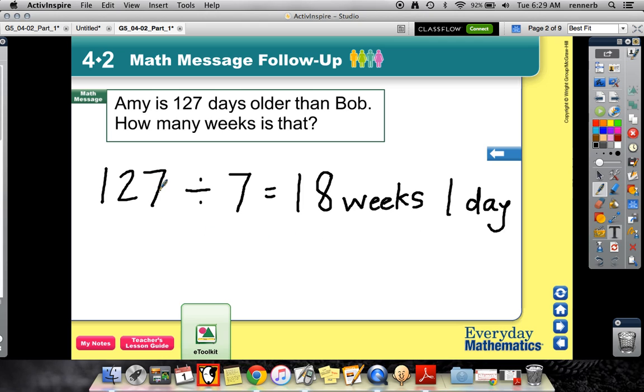So it's 127 days older than Bob. How many weeks is that? I took 127, divided it by how many days there are in a week, and that gave me 18 weeks and 1 day. So Amy is 18 weeks and 1 day older than Bob. Let's try the next one.